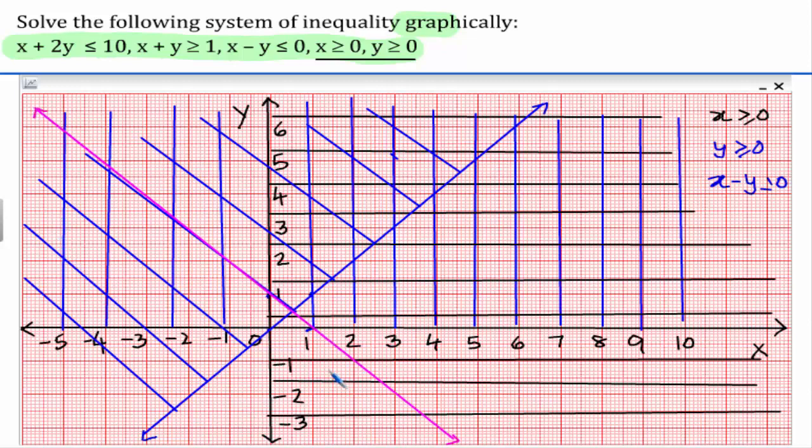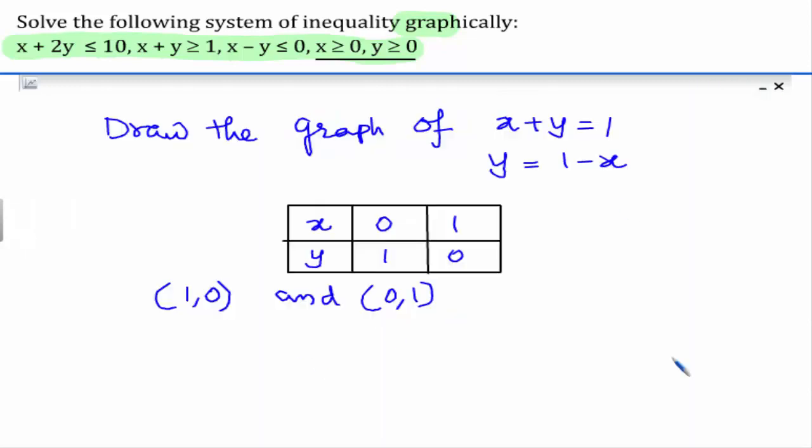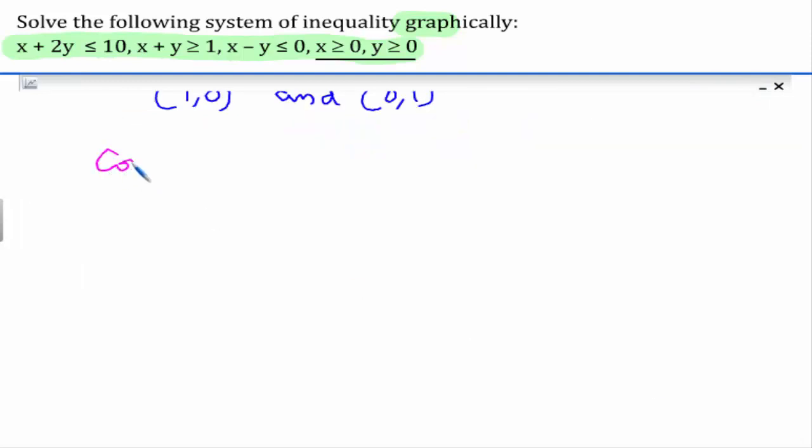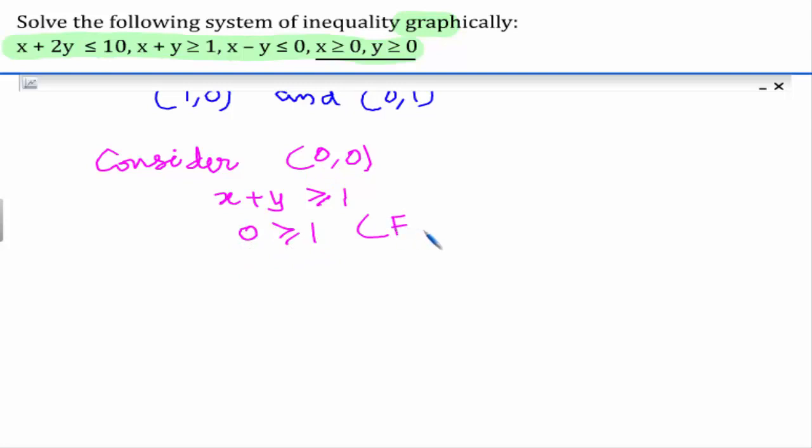So here is the line which is not passing through the origin. So therefore we can consider the origin to substitute into the inequality. The inequality is x plus y greater than or equal to 1. So if I substitute 0 in place of x and y, we get 0 greater than or equal to 1, which is a false statement.